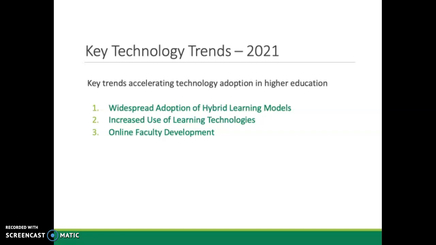If you look at the 2021 trends, the top 3 are widespread adoption of hybrid learning models, increased use of learning technologies, and online faculty development. So these are the main key trends in 2021.